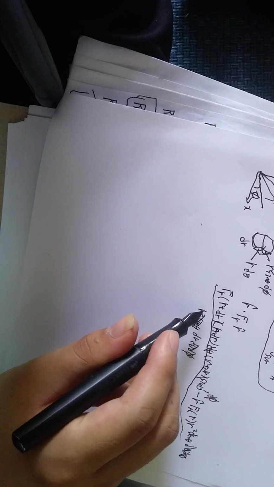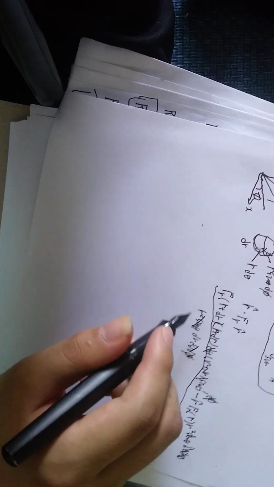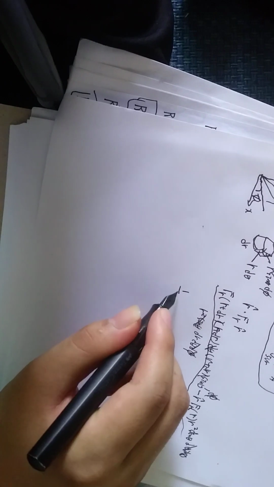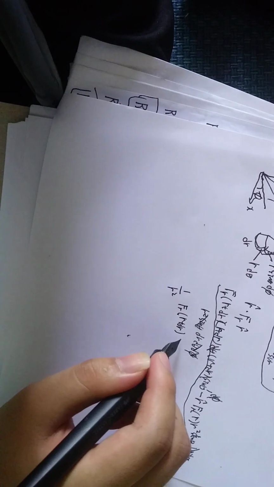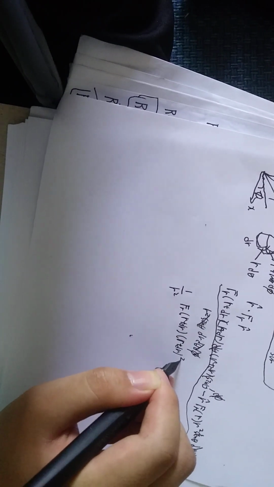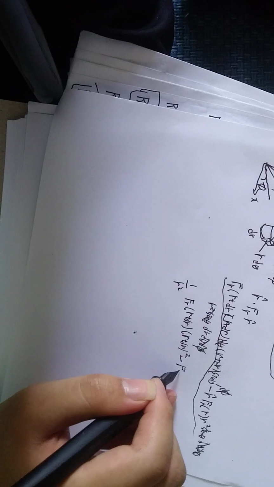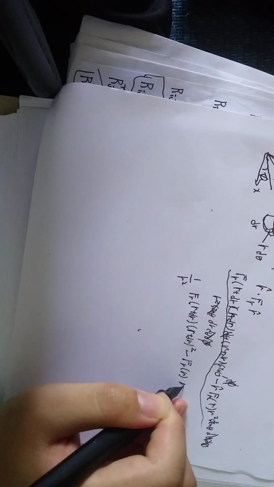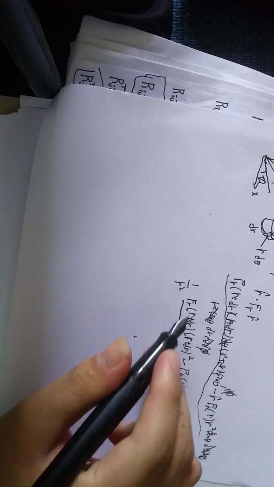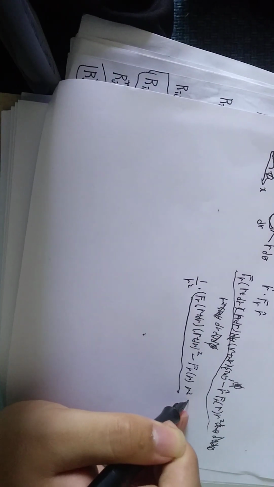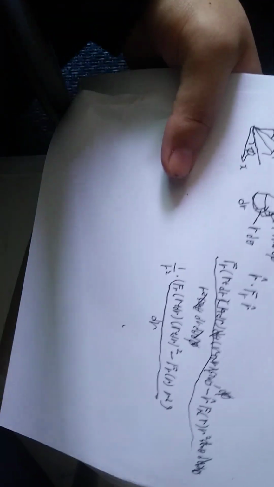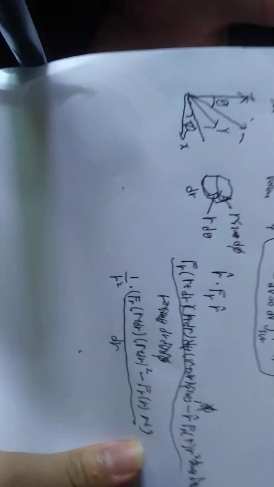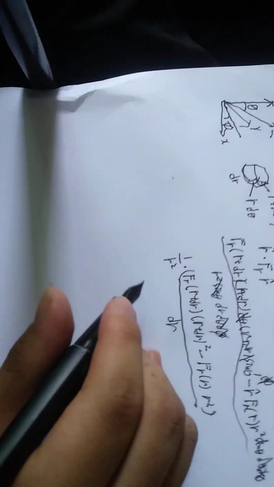Therefore, we're left with r to the power 2, dr. So what I'm left with is just the definition of the partial derivative of the f r component times r squared.